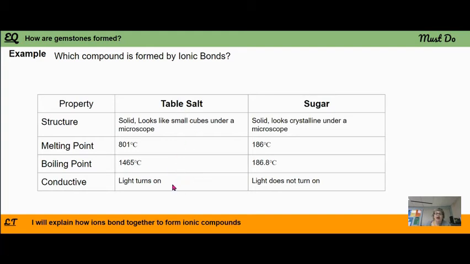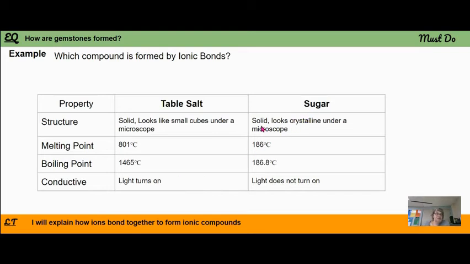And if I attach electricity to it, it would turn on a light. If I had a light bulb and put the electrodes so that there was table salt in between, it would still turn on the light. It would not make the light go out.